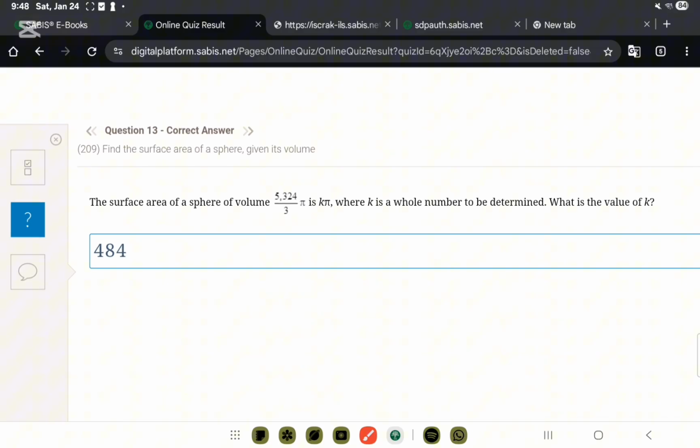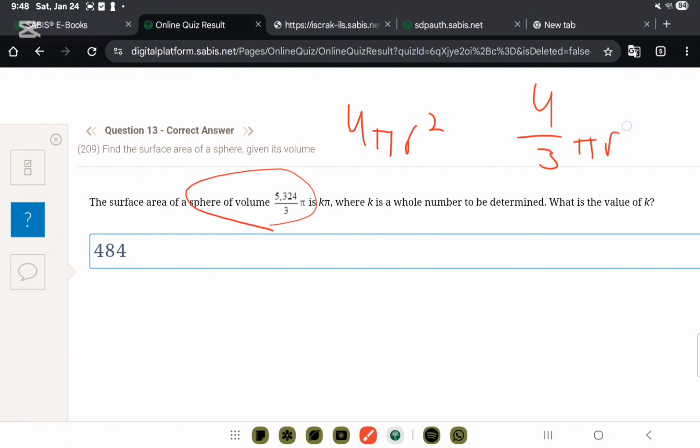Okay, surface area of a sphere. We want to find the surface area. Surface area is 4 pi r squared, and the volume is 4 over 3 pi r cubed. So we want to find r. I think it's 11, I remember from last week. Wait, no. Oh, my calculator is lagging.